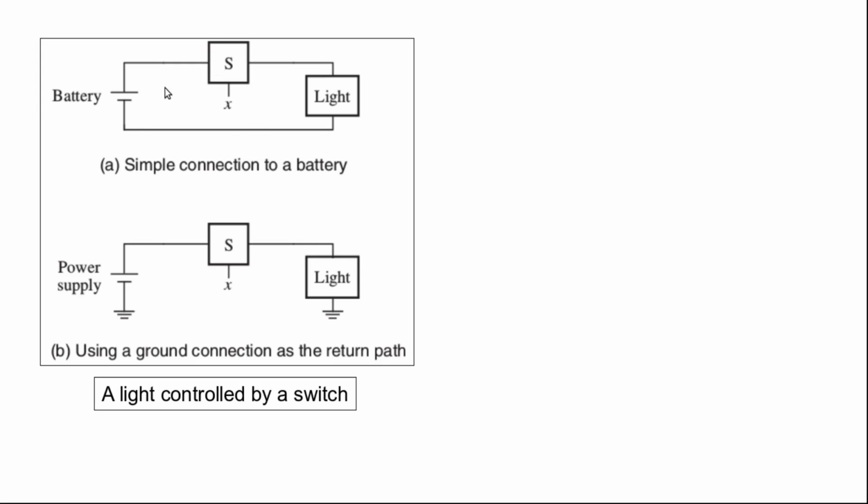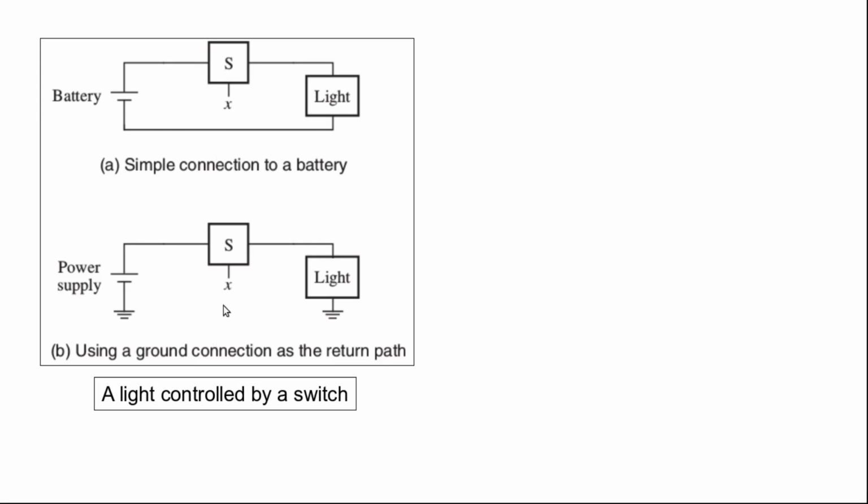The switch is connected to the battery, and when the switch is on or closed, this path will be closed, and hence there will be flow of current and the light will be on. And if the switch is open, that means the switch is off, then this path will be broken, and hence there will be no flow of current, and the light will be off.